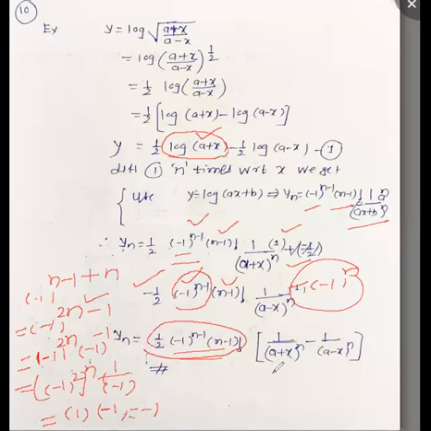For the second factor, the same is taken common: minus half, minus 1 raised to n minus 1, n minus 1 factorial, and this minus sign with this factor is 1 upon a minus x raised to n. This is the additional factor here because here a is minus 1.